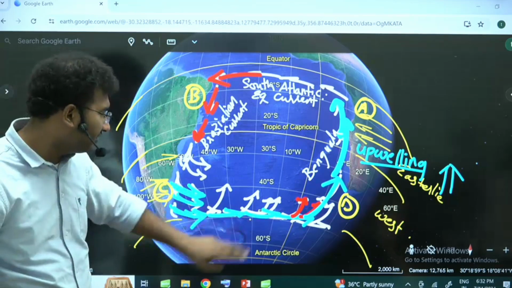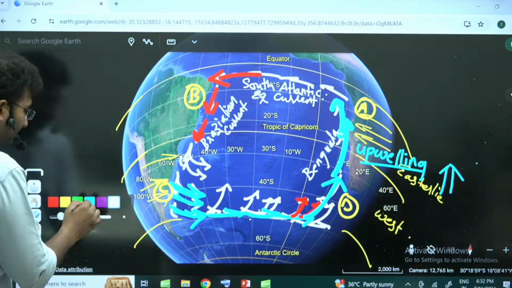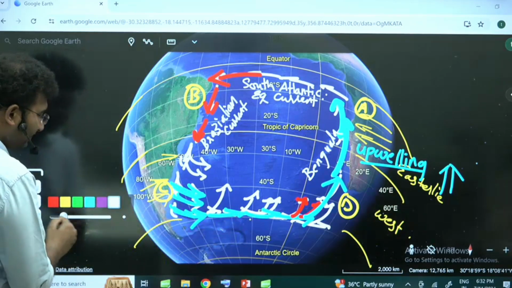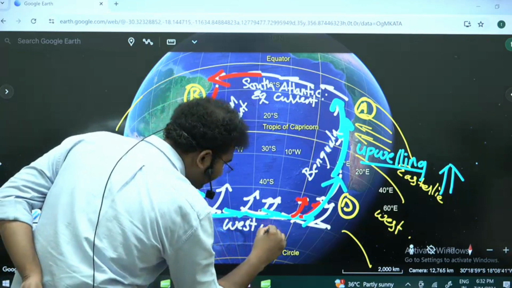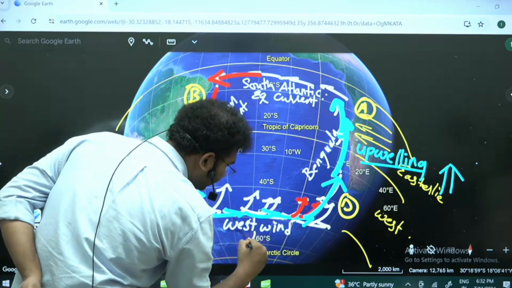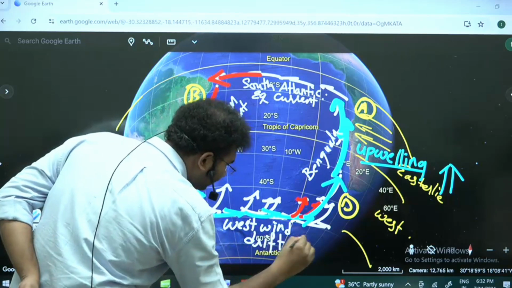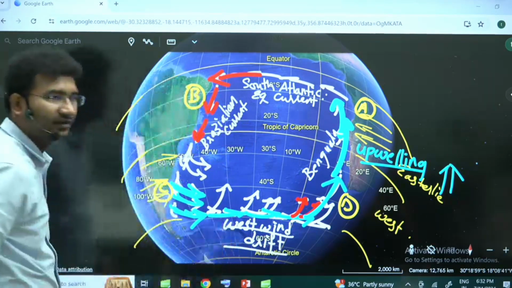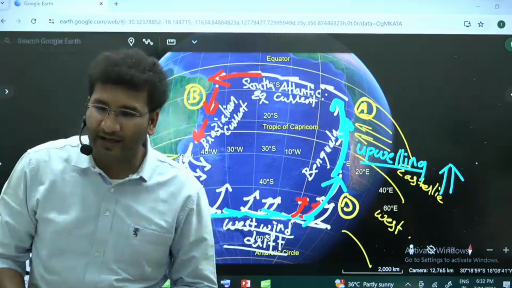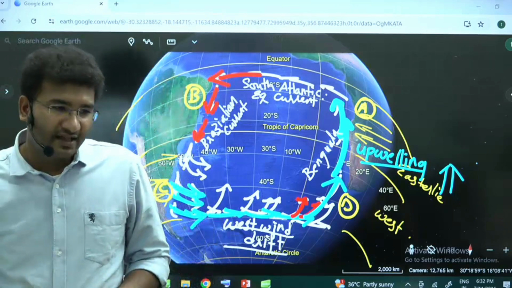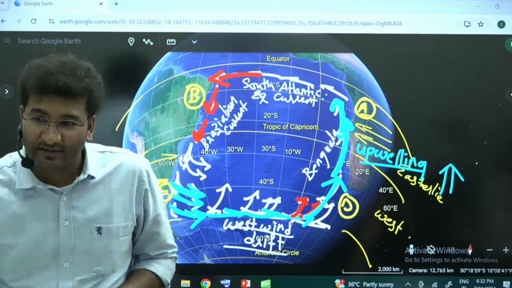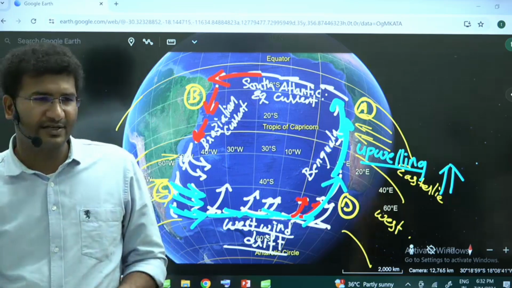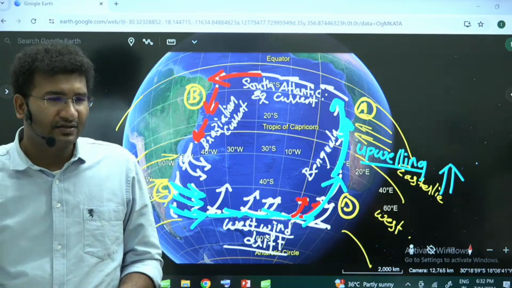Now this current name is given as west wind drift. And this is one of the most dangerous currents across the globe. No one would ever dare to sail these west wind drift currents because of Drake's Passage, these are fast flowing winds.